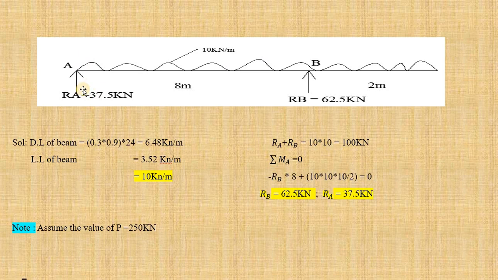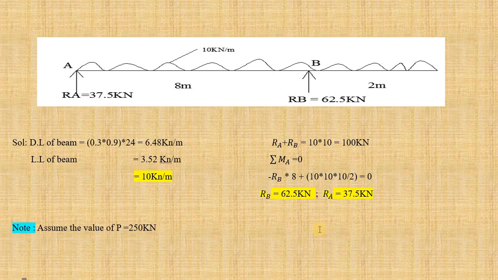After this RA and RB are actually unknown. Here after calculation I have mentioned the values, but they are unknown. To calculate those support reactions, we have three different conditions of equilibrium.